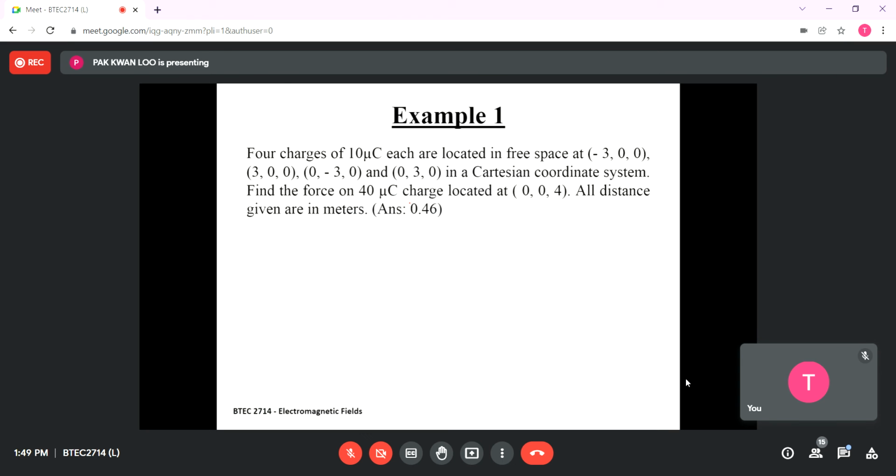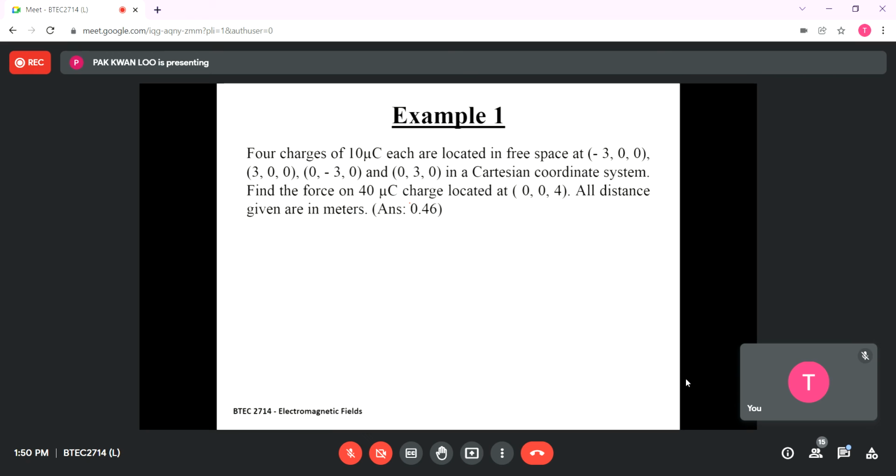Okay, let's try one example. Four charges of 10 microcoulomb each are located in free space at (-3, 0, 0), (3, 0, 0), (0, -3, 0), and (0, 3, 0). This is the Cartesian coordinate system given.